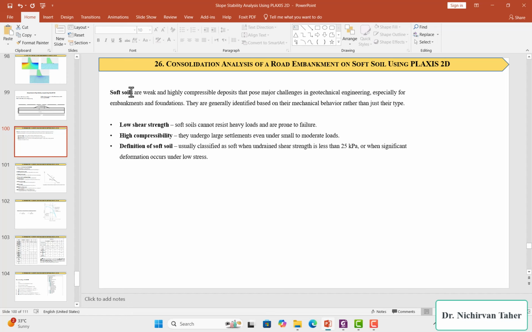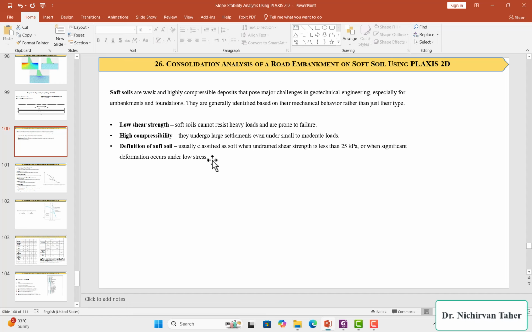Generally it has a very low shear strength, and because it is soft it cannot resist heavy loads, and it is also prone to failure. As I mentioned, it is highly compressible and undergoes very large deformation even when we apply a small amount of load.